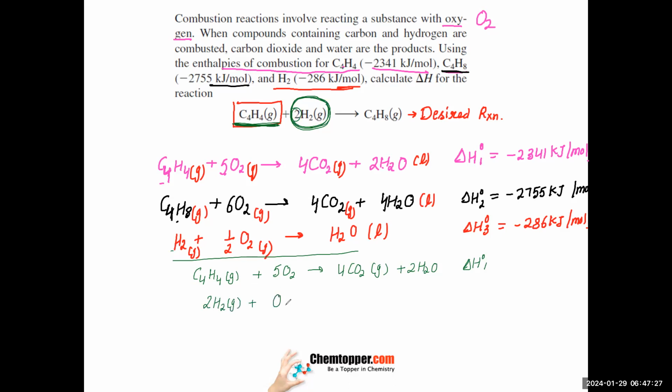Then this becomes O2 gas. 2H2O. 2 times delta H naught 3. This will get multiplied by 2. Now, which equation is giving me C4H8? Which equation is giving us C4H8?